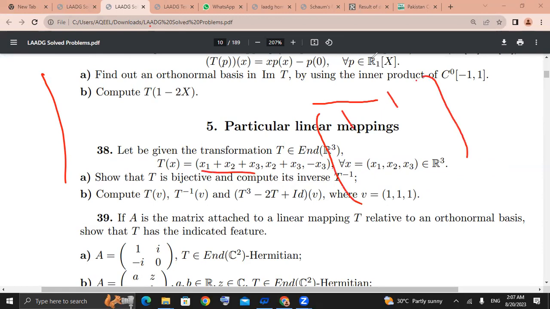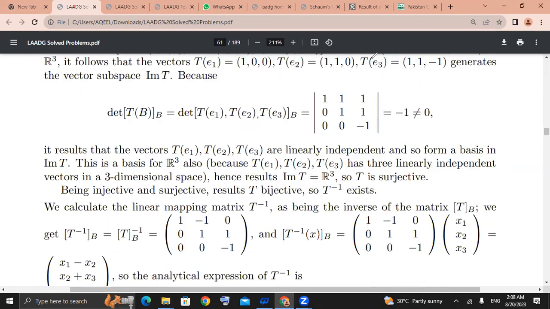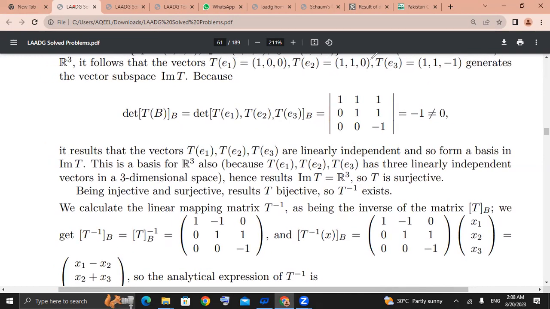This is 1, 1, and 1 in this form, then 0, 1, and 1, and 0, 0, and -1 in this form. When you take its determinant and its inverse, he takes this inverse by the method as I have told you.